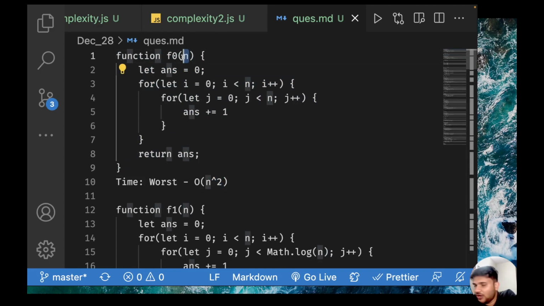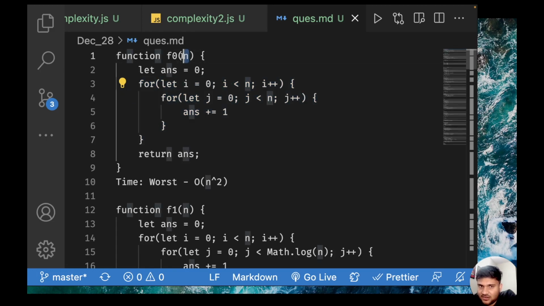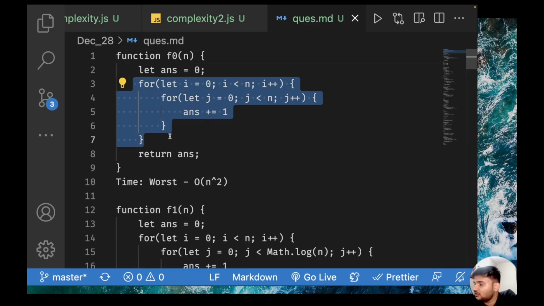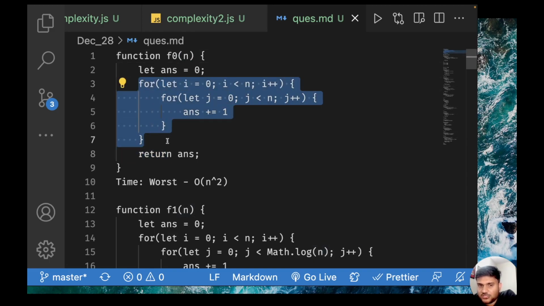If n is 1, this for loop will run for 1 iteration. If n is 10, this for loop will approximately run for 100 iterations. If n is 100, it will run approximately 10 raised to 4 iterations. If n is 10 raised to 5, it is going to run approximately 10 raised to 10 iterations.